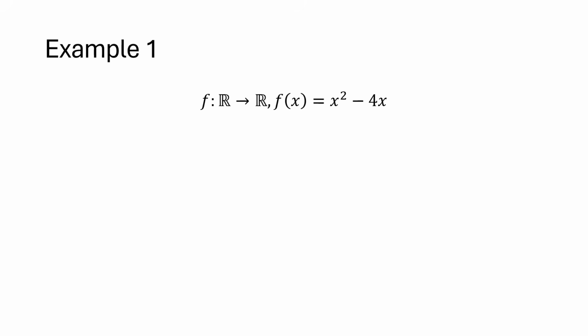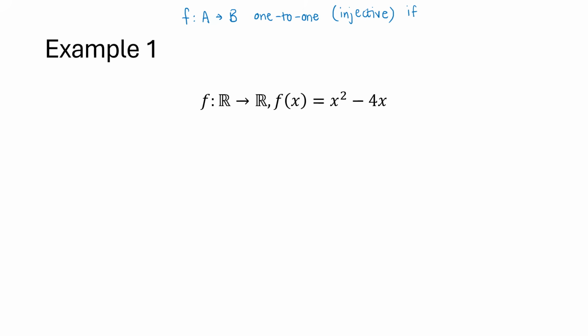So if we have a function, let's say f from some set A to a set B, we will say that f is one-to-one, or we will also say injective, if we have the following.